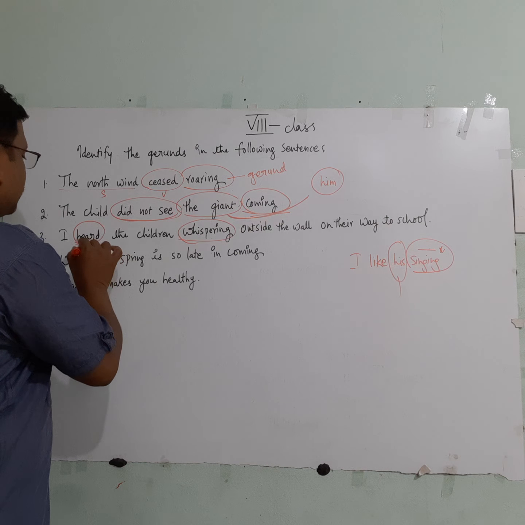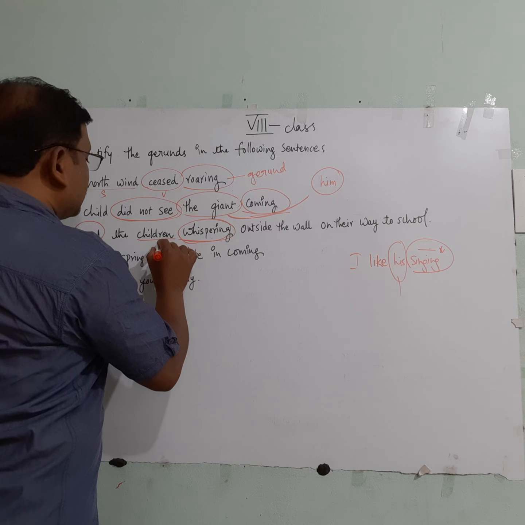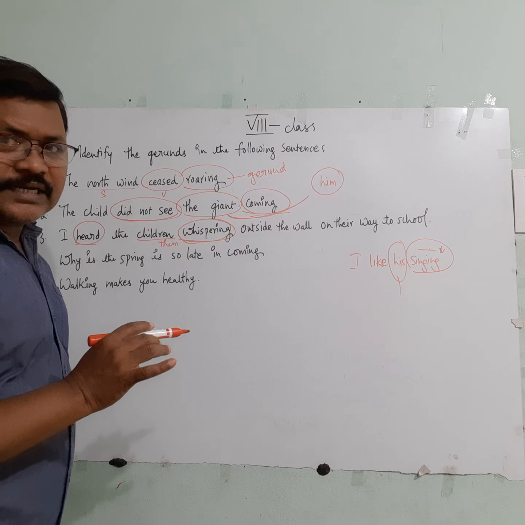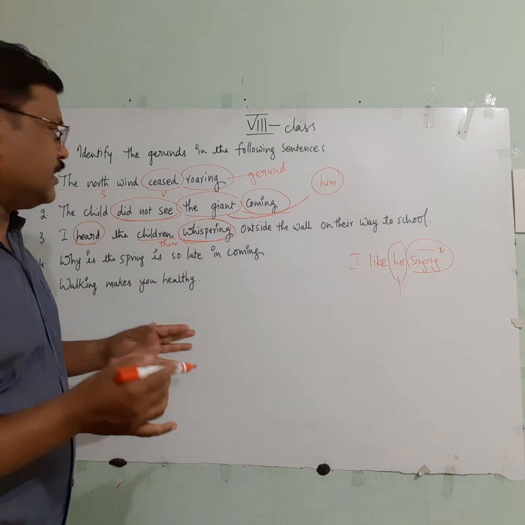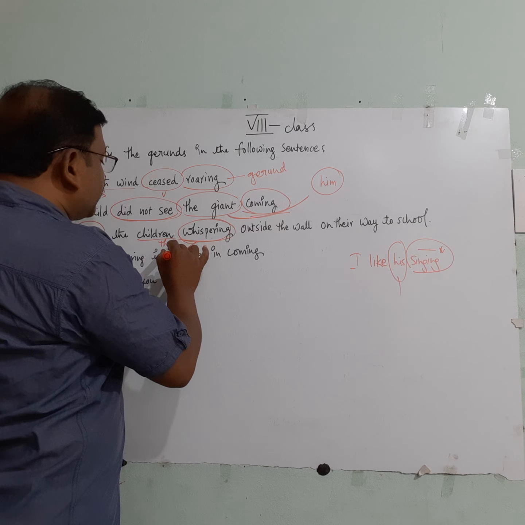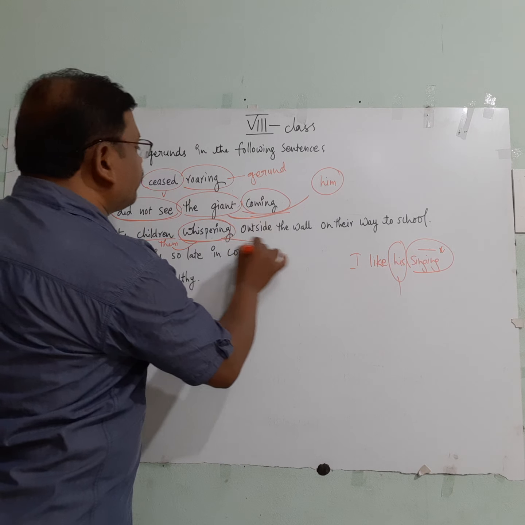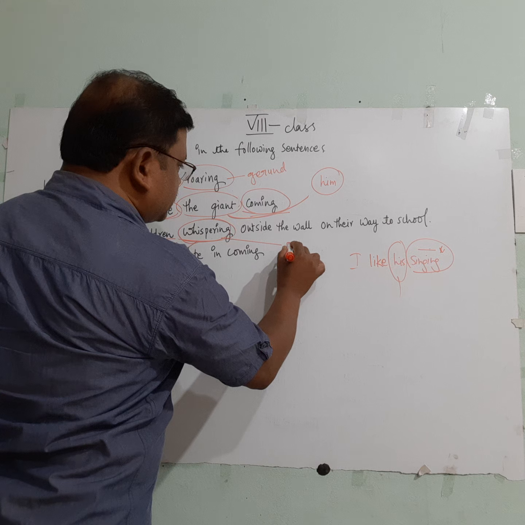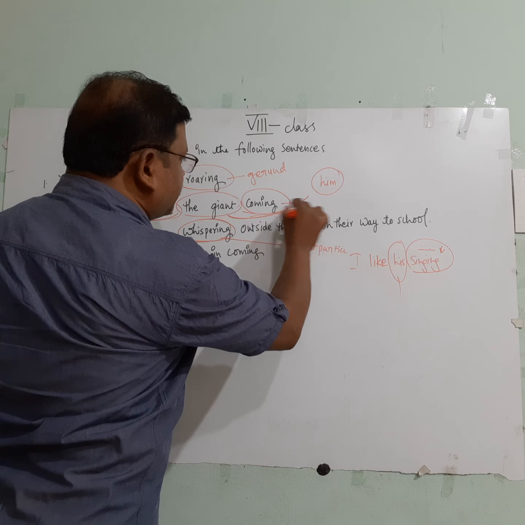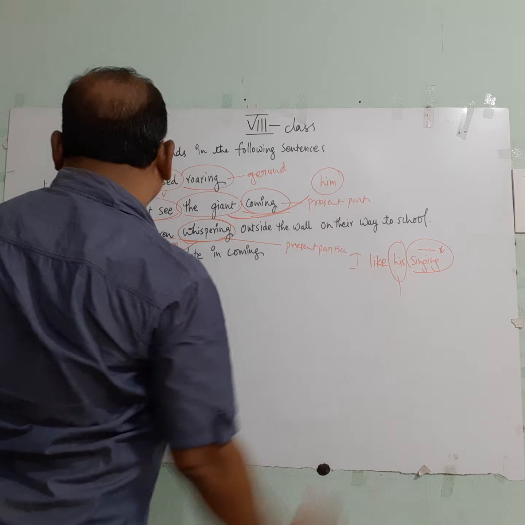So this is a verb of perception, and the children means them. It is in objective case, not their. It is equal to them. So whispering is also present participle.